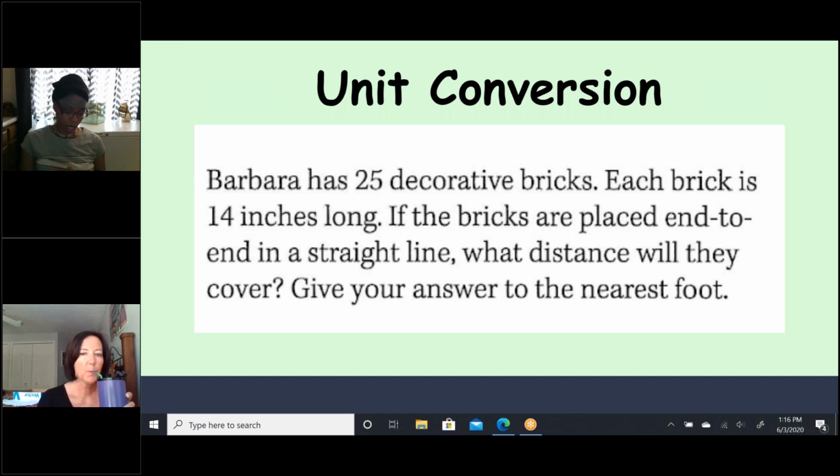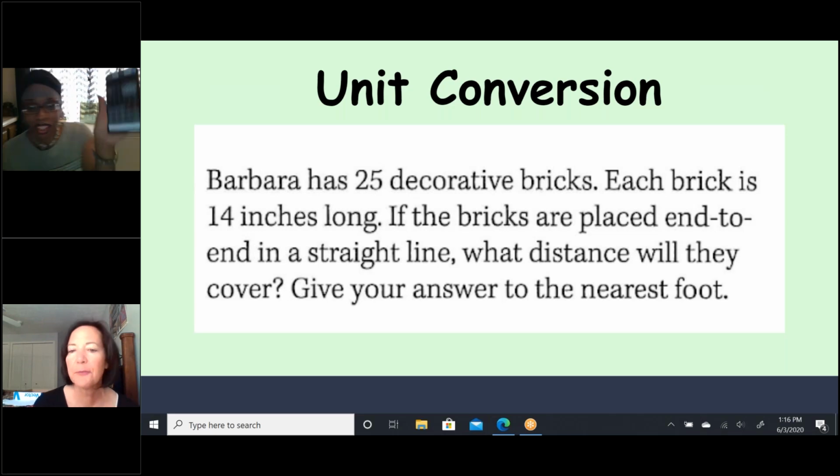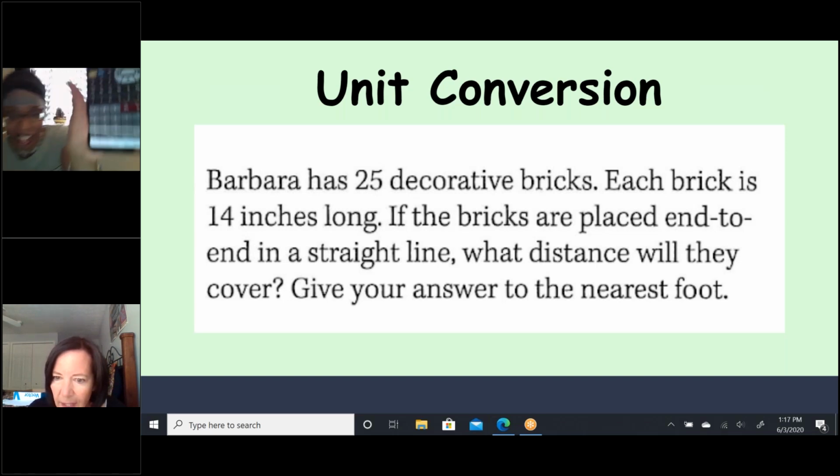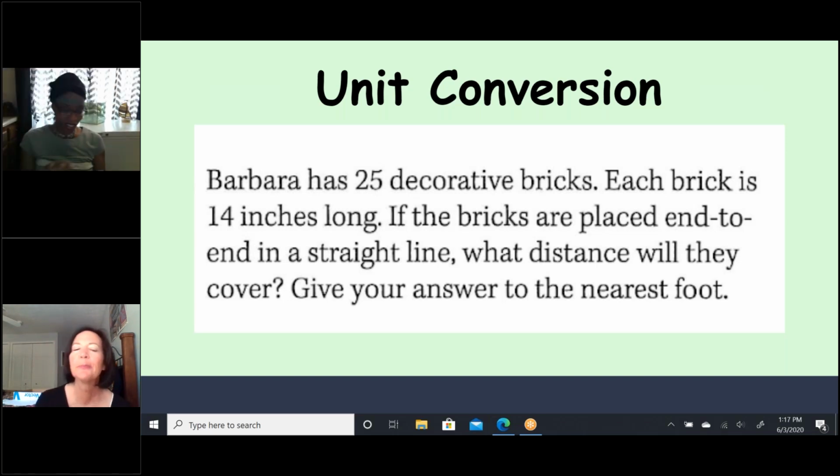Hmm. Gotta redo this because I don't know how to work this scientific calculator. Oh, is that the problem? I was wondering. I can be your secretary. I got a regular calculator. So tell me what to punch in and I'll do the calculator part for you.